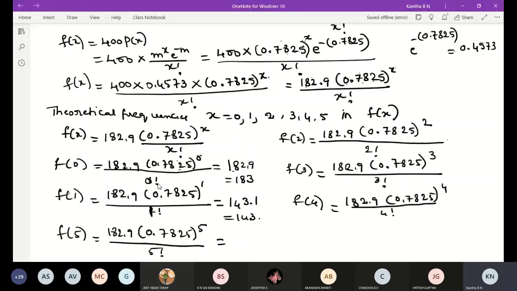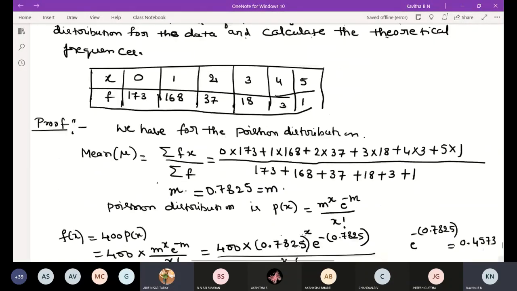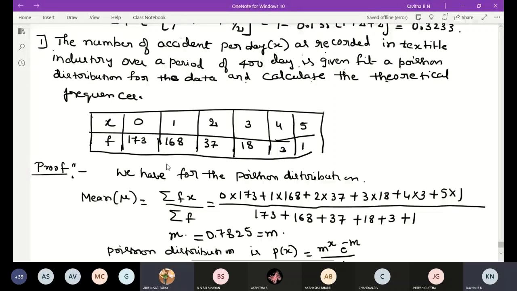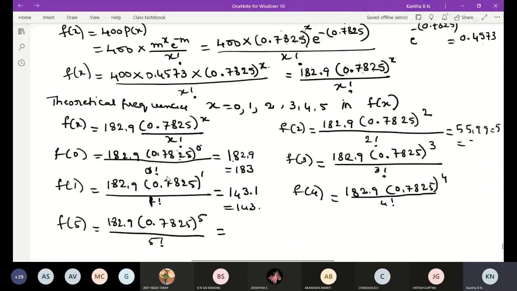Then put x is equal to 2. 55.99, near 56. Yes, ma'am. 56. The next, 14.6. 15.